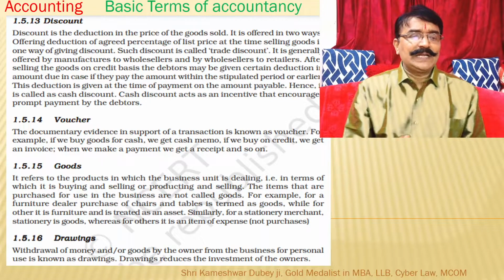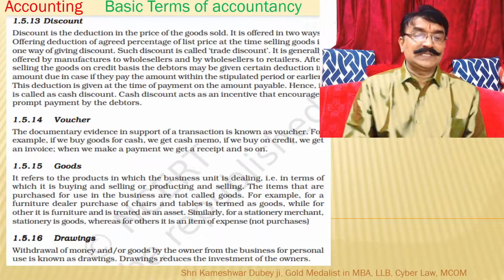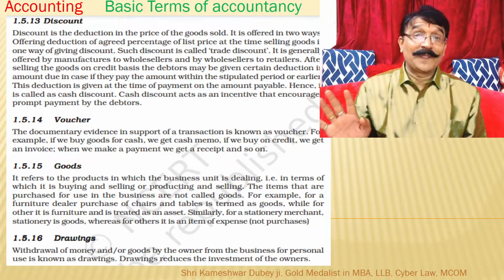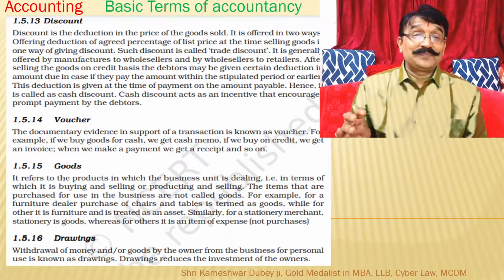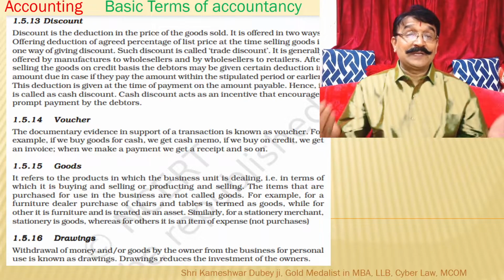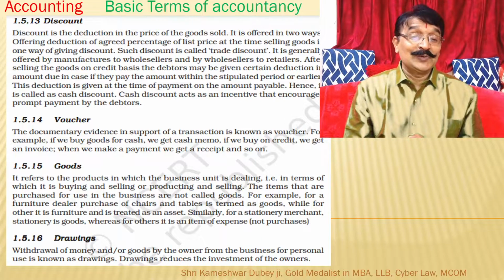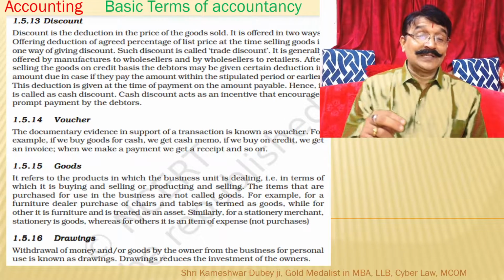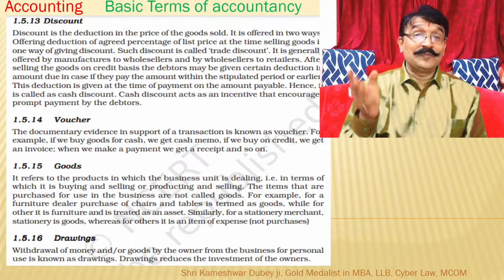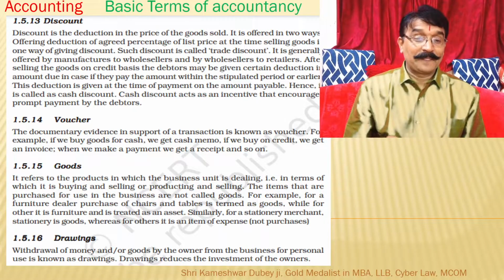The items that are purchased for use in business are not called goods. Items purchased for the manufacturing process are not goods. Goods are the things which are sold, in which that unit is dealing.